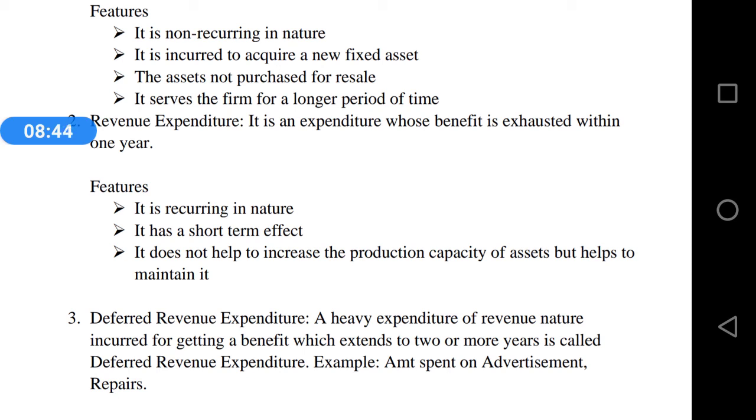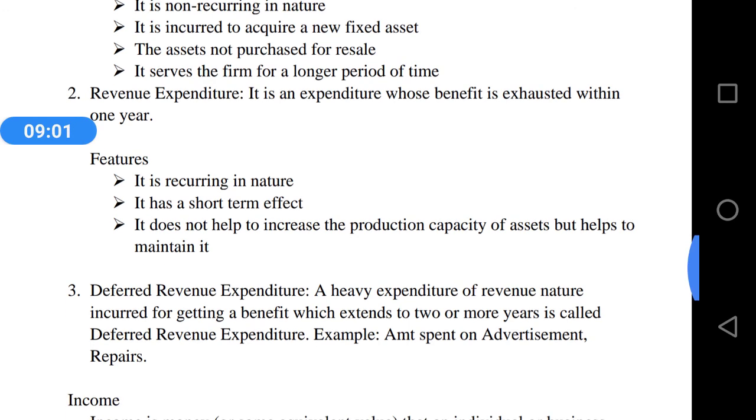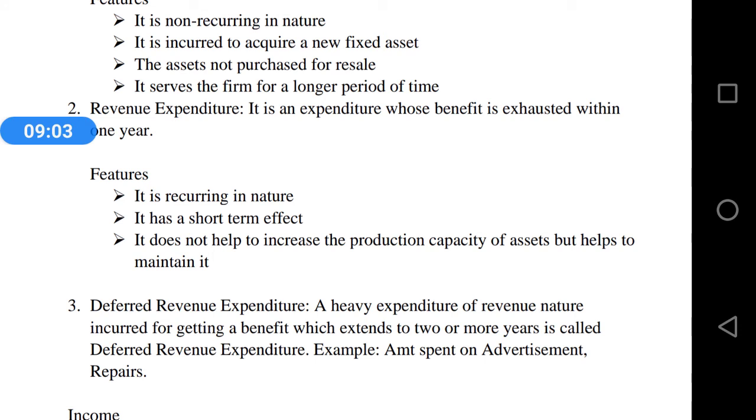So these all are revenue in nature only, but we can get the benefit up to 2 to 3 years. Say for example, amount spent on advertisement and repairs of machinery, right? So we can get the benefit for 2 to 3 years. This is called deferred revenue expenditure.